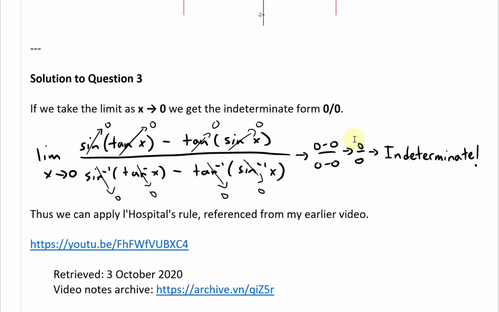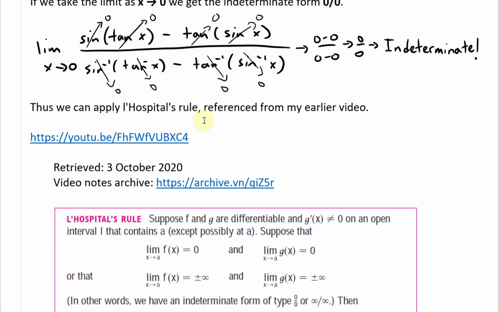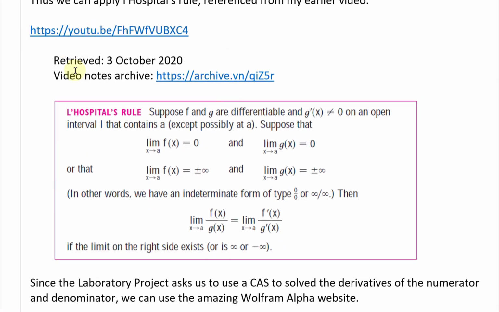So it's indeterminate, thus we can apply L'Hopital's rule, referenced from my earlier video. Here's a link to it, in the video notes. This is a screenshot from my calculus book.